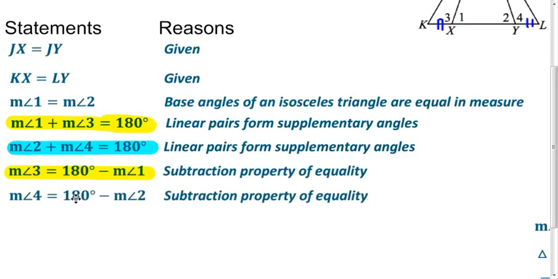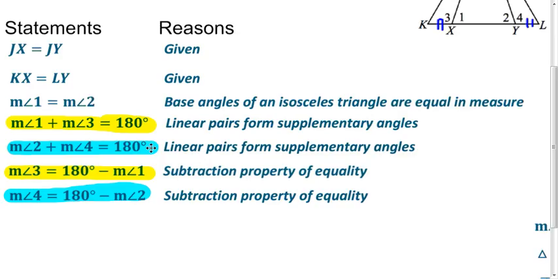So these two expressions look very, very similar. There's one thing different in them. One of them says angle 1 and one of them says angle 2. But what do we know about angles 1 and 2? We know that they're congruent from up here.